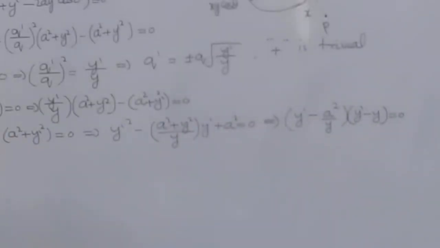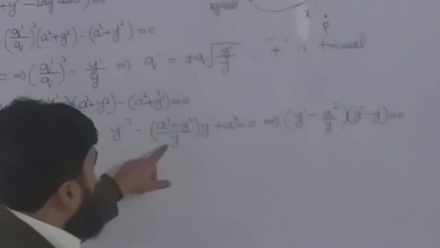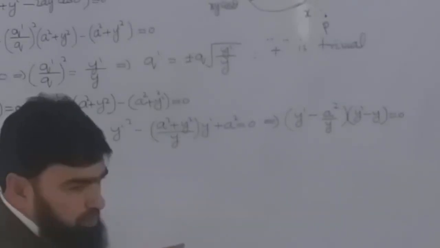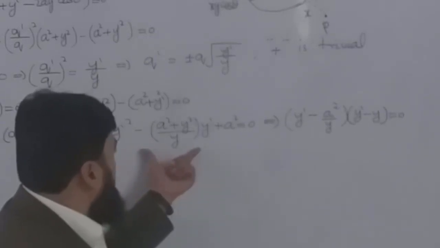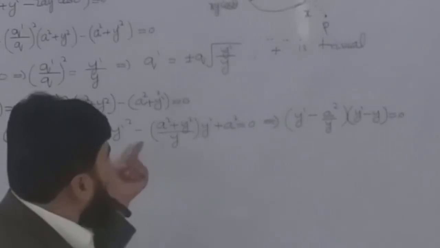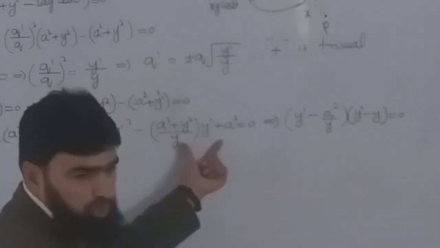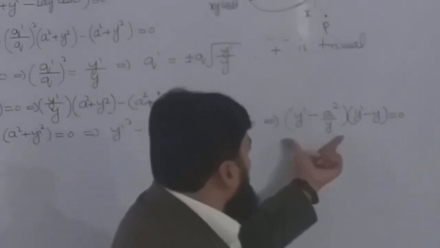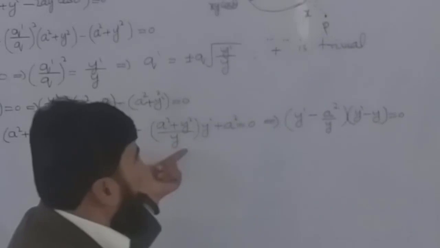Can I write like this? Look here. What will be the multiplication? Means I'm converting this thing into a square minus b square. So I just combine these two. If I do this multiplication, I will directly get this one.